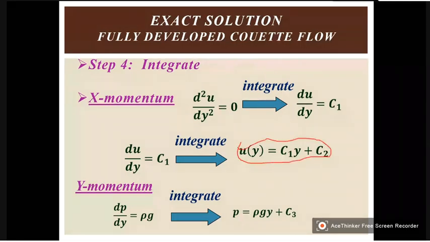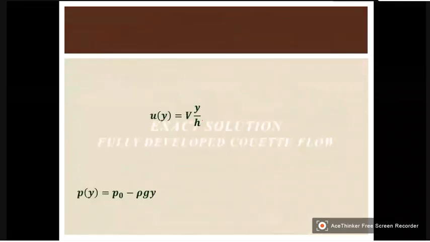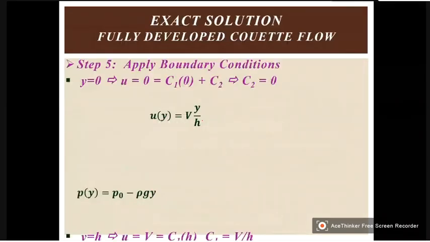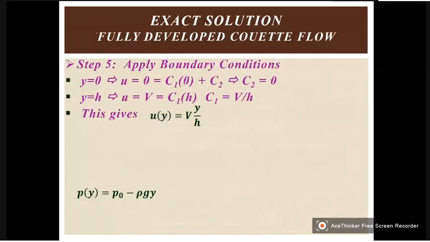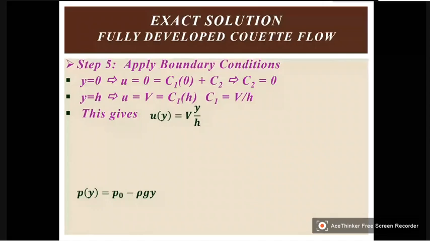So now take this equation and use our boundary conditions. What are the boundary conditions? See, these are the boundary conditions. At y is equal to 0, u is equal to 0.